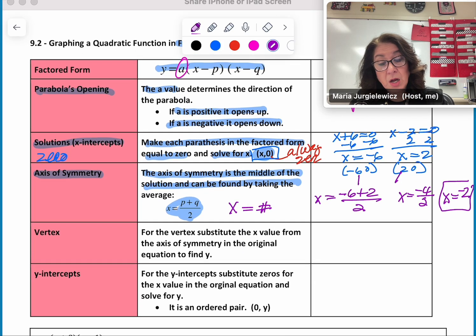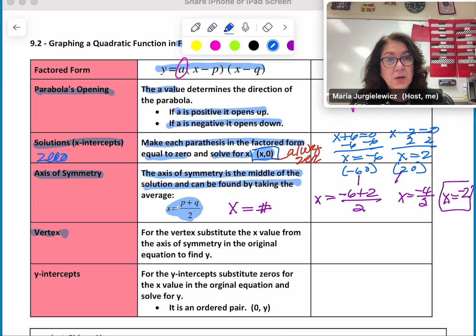All right, then we're going to talk about the vertex. The vertex is the point where the parabola changes from going down to going up, where that switch happens. We need that point. We substitute the x value from the axis of symmetry and then find the y value.